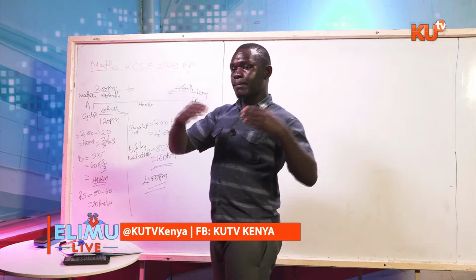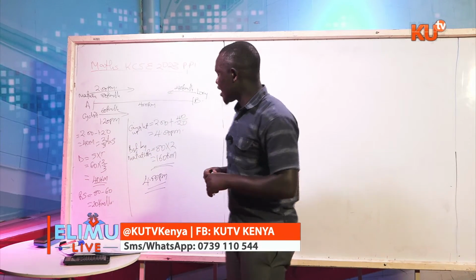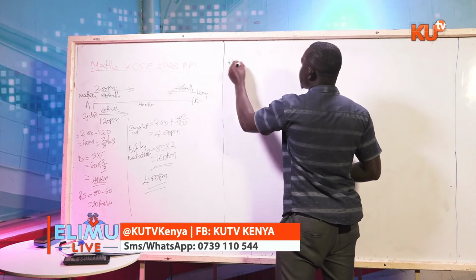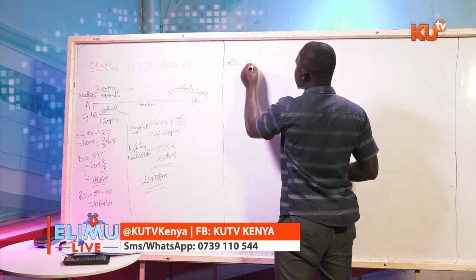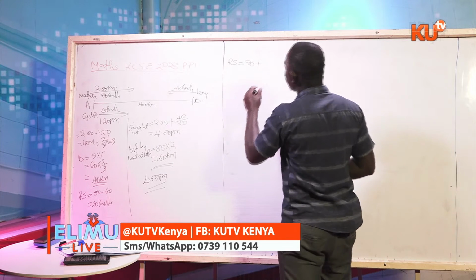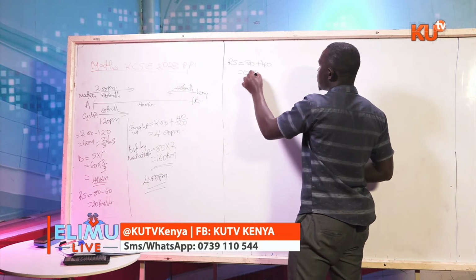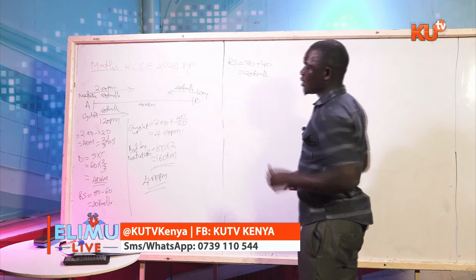So this lorry and matatu are approaching each other. How do we get the relative speed? The relative speed is the summation. So the relative speed is given by the speed of the matatu plus the speed of the lorry. So this gives you 120 kilometers per hour.